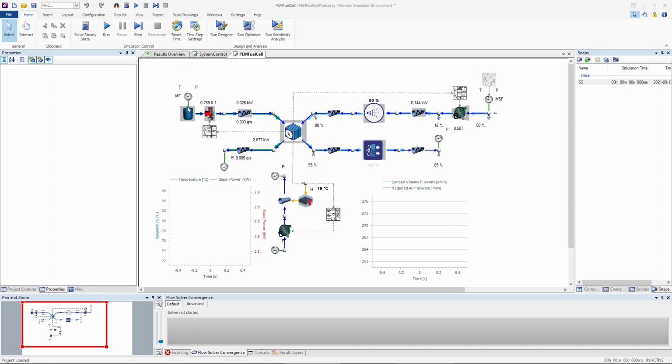On the left hand side we can see the hydrogen side, and on the right hand side is the air side with all its components. I'm sure you would like to know much more about this model, but before we get into it, let's just see how the thermal management system can be easily and quickly modeled inside of Flownex.